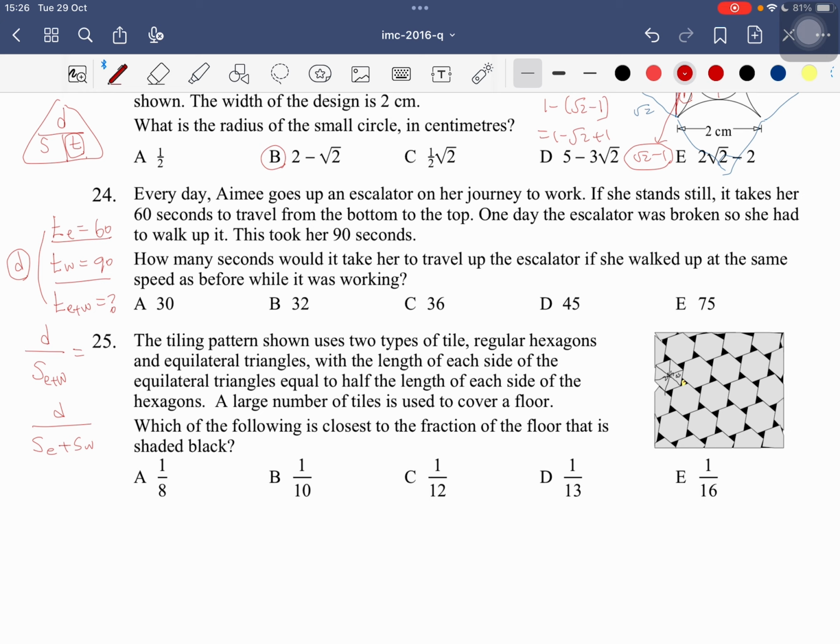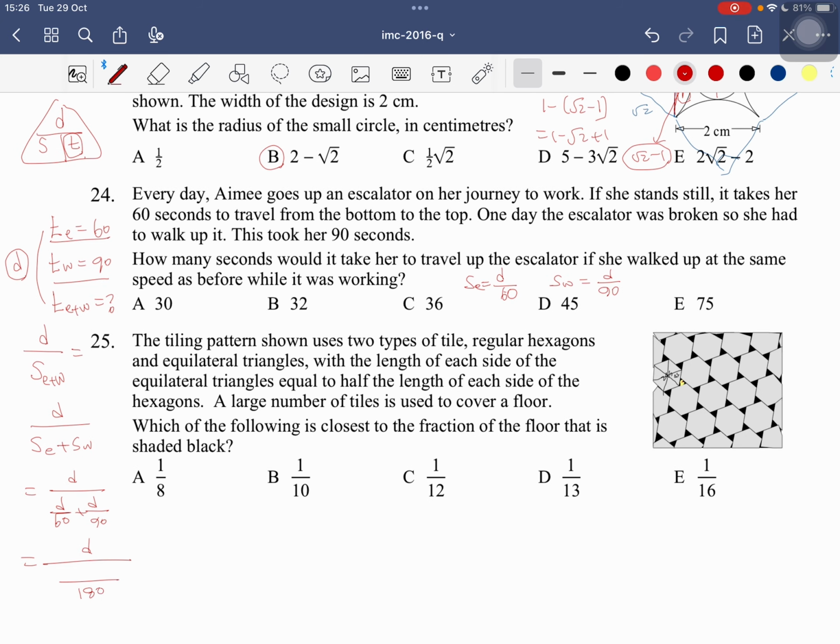So the speeding up. So let's find speed of escalator is distance over time. So distance is the same d. Time was 60. And speed of walking, distance is same. Time is 90. So d over 60 plus d over 90. So d over 180, 3d plus 2d. So d times 5d over 180. So this is 36.